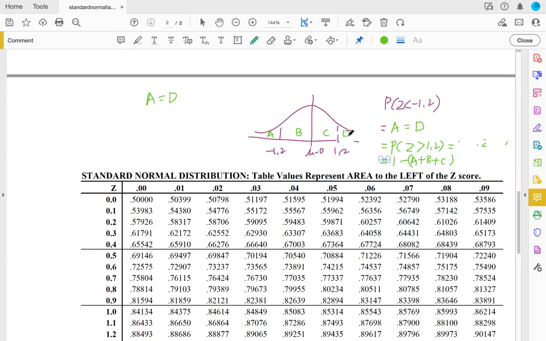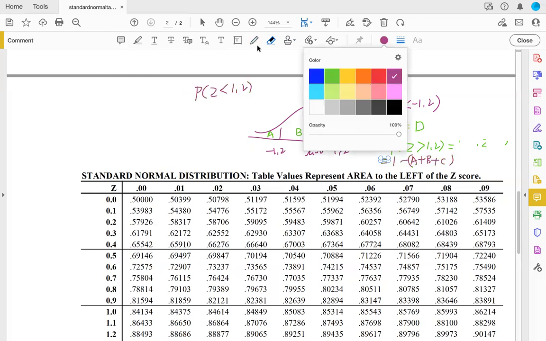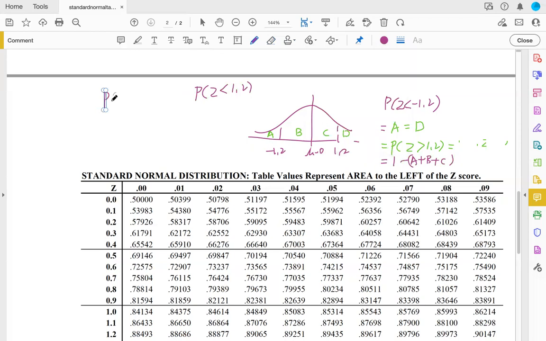In this table, I only have the shaded area P(Z smaller than 1.2). So in other words, if I want to find P(Z bigger than 1.2), it's actually equal to 1 minus P(Z smaller than 1.2).